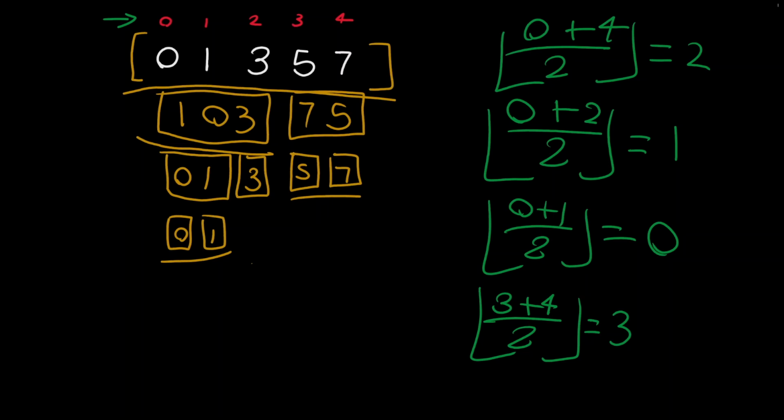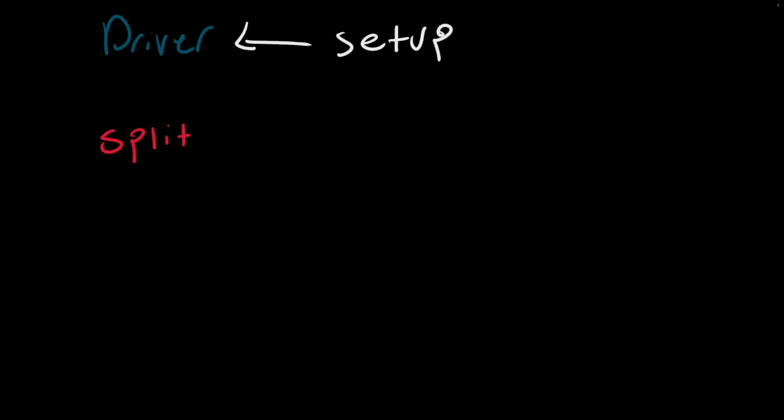This is Quicksort. Quicksort has 3 parts. It has sort of a setup, so a driver function. This sort of just sets up how we're going to use Quicksort, and then we're going to have a splitter function, so how we're partitioning these pivots.